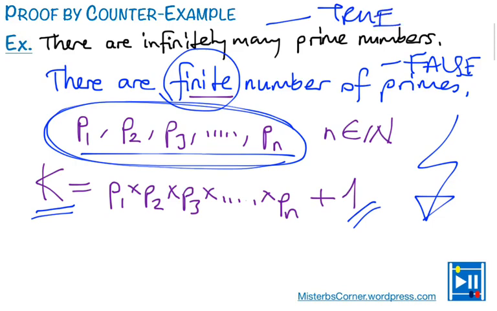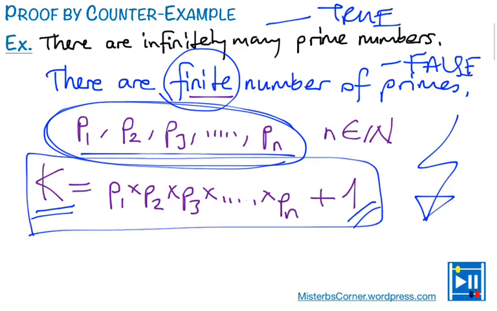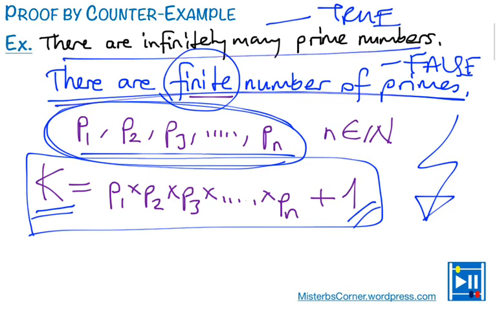So there are infinitely many prime numbers. So basically this is how we use counterexamples here. Our number k is the counterexample to show that there are infinitely many prime numbers. So we disprove the opposite statement to prove the actual statement. This is how we use counterexamples.